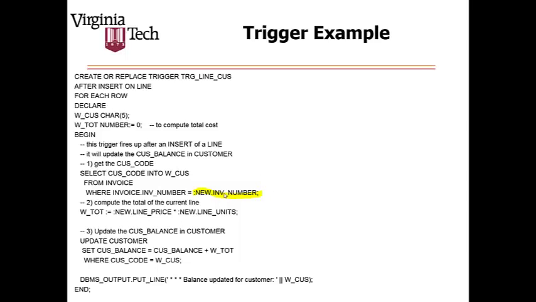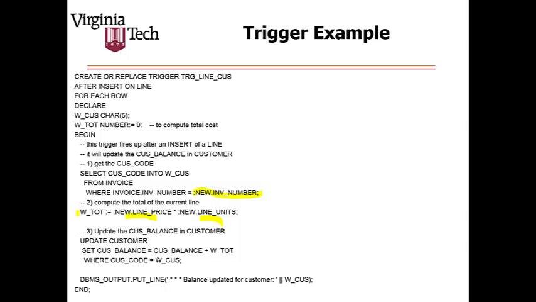Now that we got the new invoice number, we calculate the total for this new line, which is the new price times the new number of units. And then we update the customer balance.